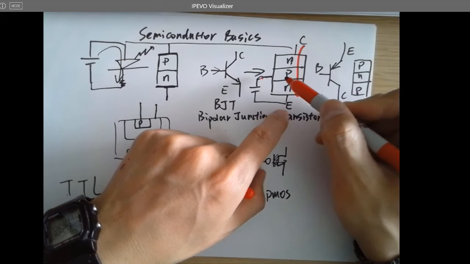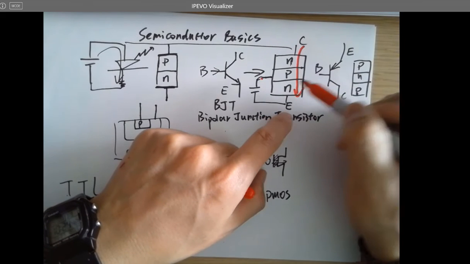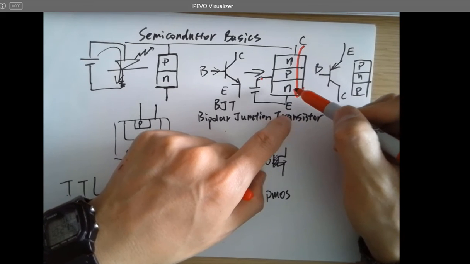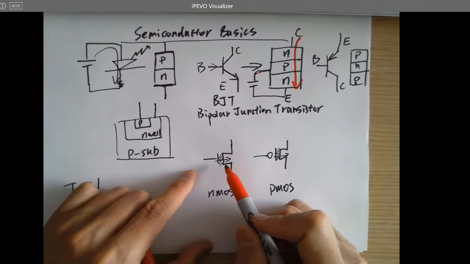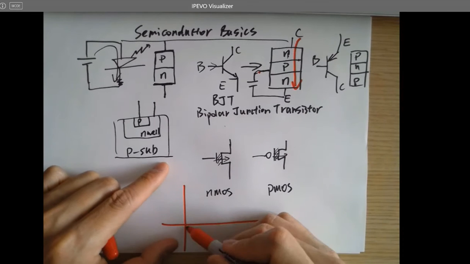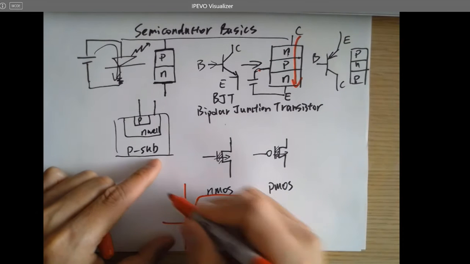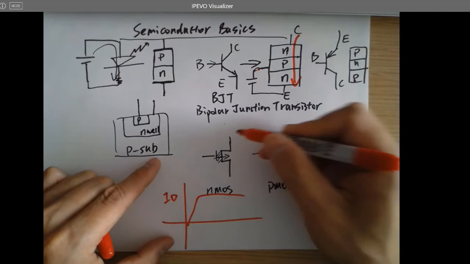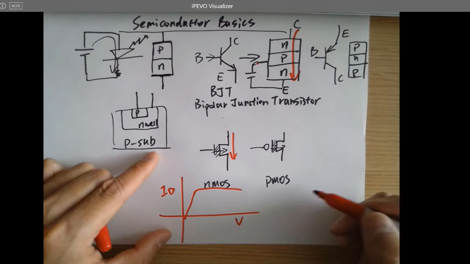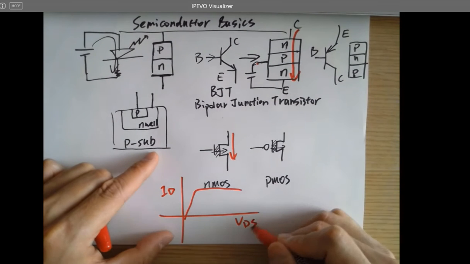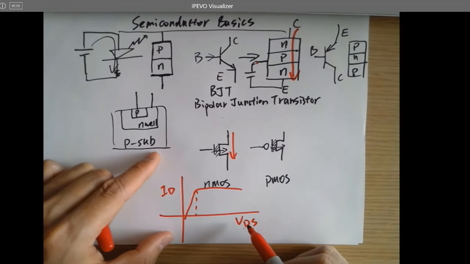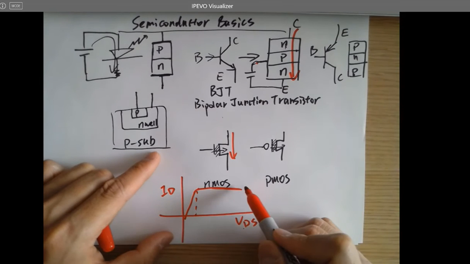If you heard current controlled current source, you know current is always flowing, which is bad because it's consuming power. For CMOS, low power, this is a voltage controlled current source. Why is that? Because you can imagine, still remember the IV curves? For the CMOS, here's ID, which is the drain current, and this is VDS. After a specific VDS, the current is not changing too much.